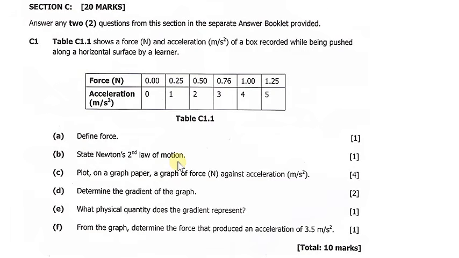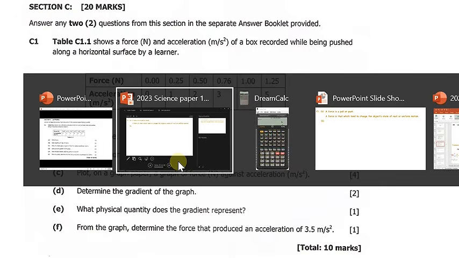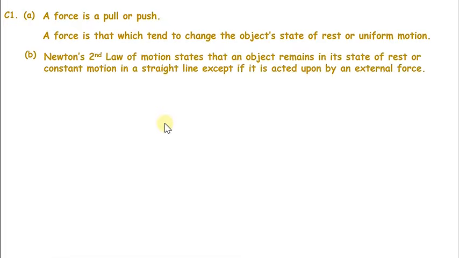Okay, so I think I had put a wrong one here. Yeah, I had put the first law of motion here. That's when I remembered. So let me give you the second law. This one which is here is wrong.